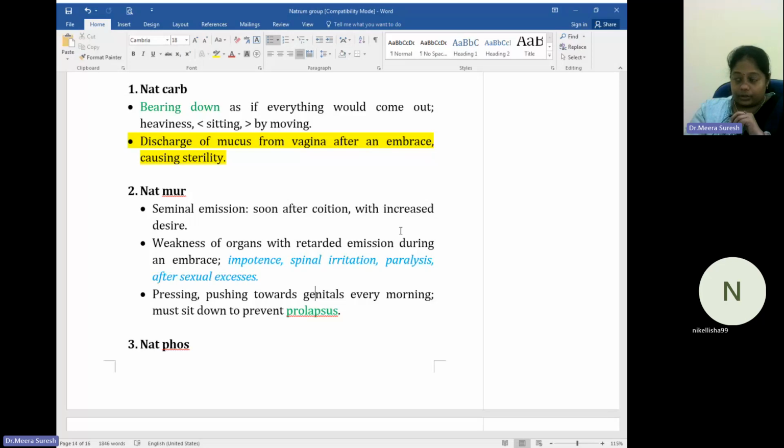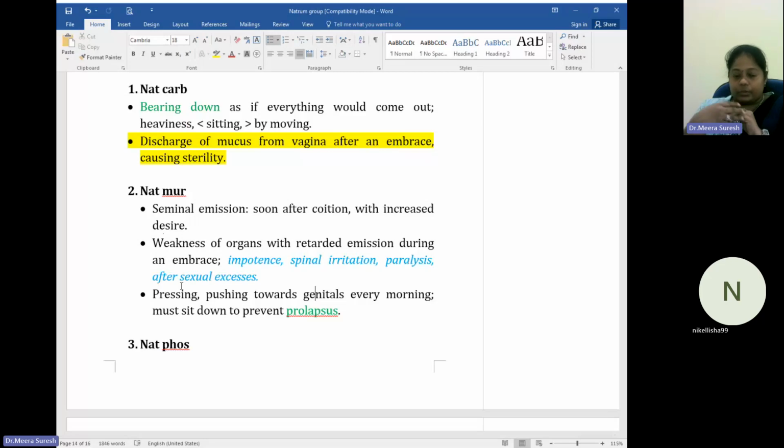They can't conceive a baby if the discharge is happening prematurely. So in males we can connect, but how it happens in females, I don't know. We see this symptom in natrum mur in males actually, the weakness of organs with retarded emission during an embrace. There is impotence and spinal irritation or paralysis after sexual excess.